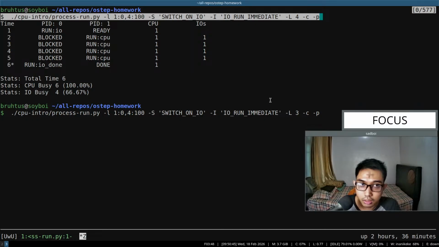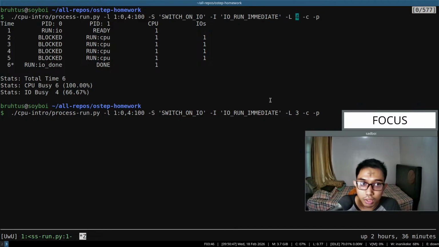This is the case where the input-output time takes as long as the CPU process time. Anyway, it is equal, right? For the CPU time and for the input-output time.